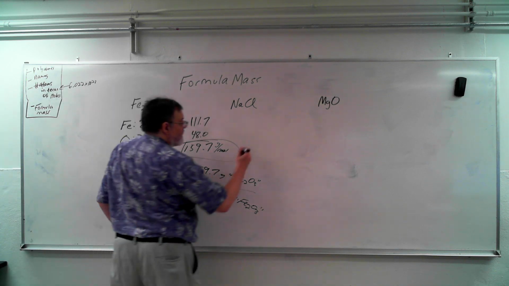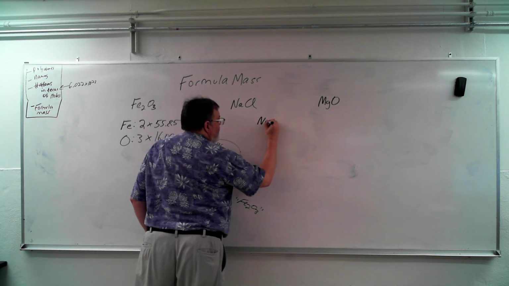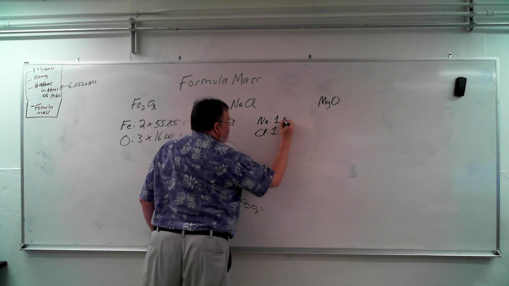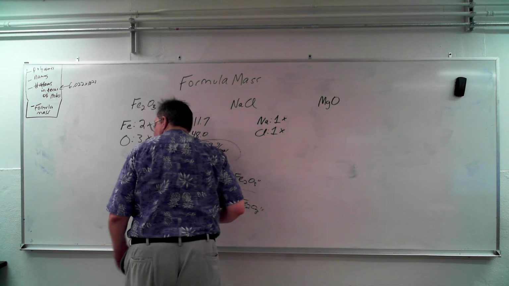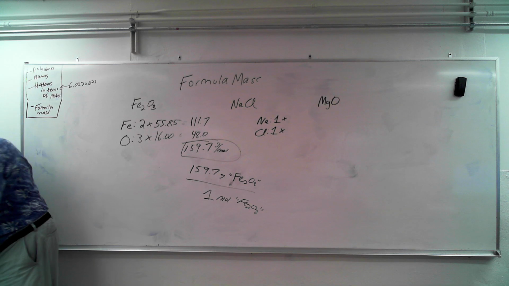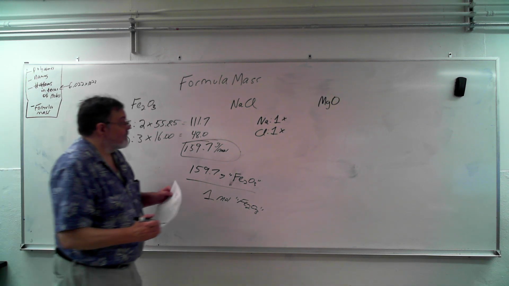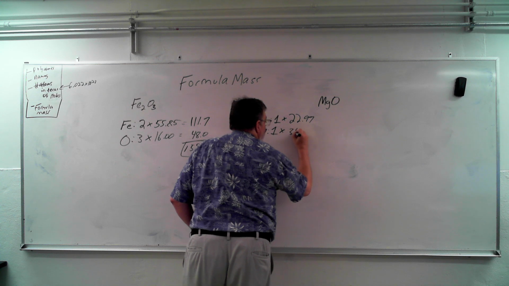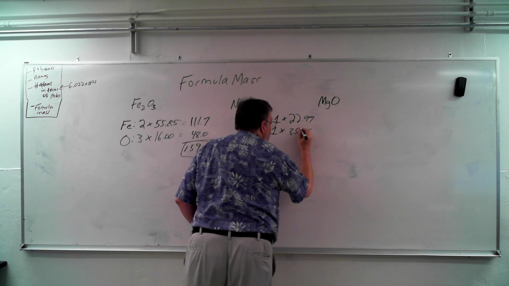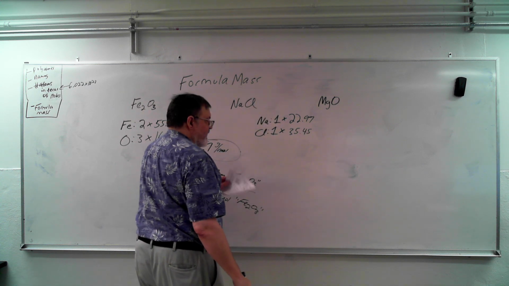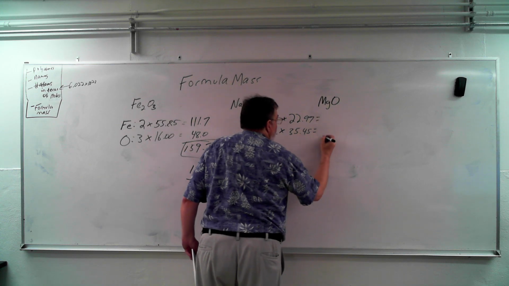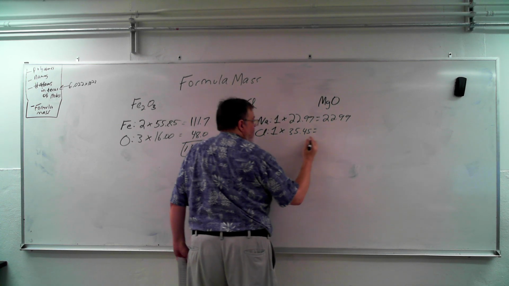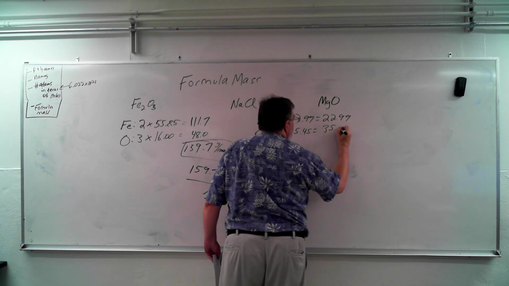Let's do NaCl. This one's a little more simple. Na, there's 1 of those. Cl, there's 1 of those. I have some of these memorized, some of them have just never stuck. 22.99, 35.45. Yes, I remember that one. But of course, this is just 1 times 22.99, and this is just 1 times 35.45.